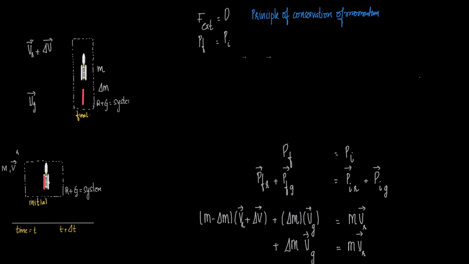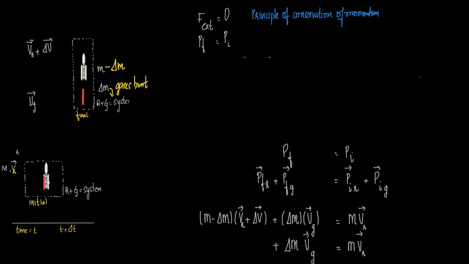The velocity of the rocket here is vr, the mass is m. After some time the velocity of the rocket is vr plus delta v, both in vectors, and the released gas has velocity vg. The mass of the rocket would be m minus delta m, where delta m represents the gases burnt.